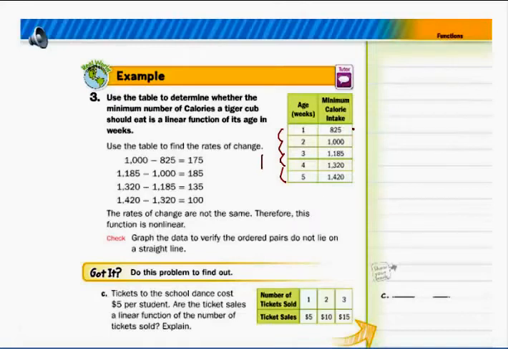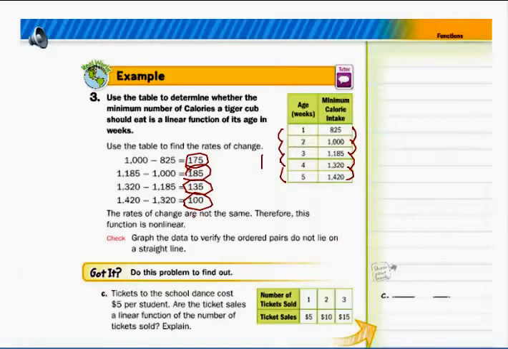What about the calories? This one goes up by 175. The difference here, 185. The difference here, 135. And the difference here is 100. So would you consider that a linear function? I don't think so. It is nonlinear because the rate of change is not the same.